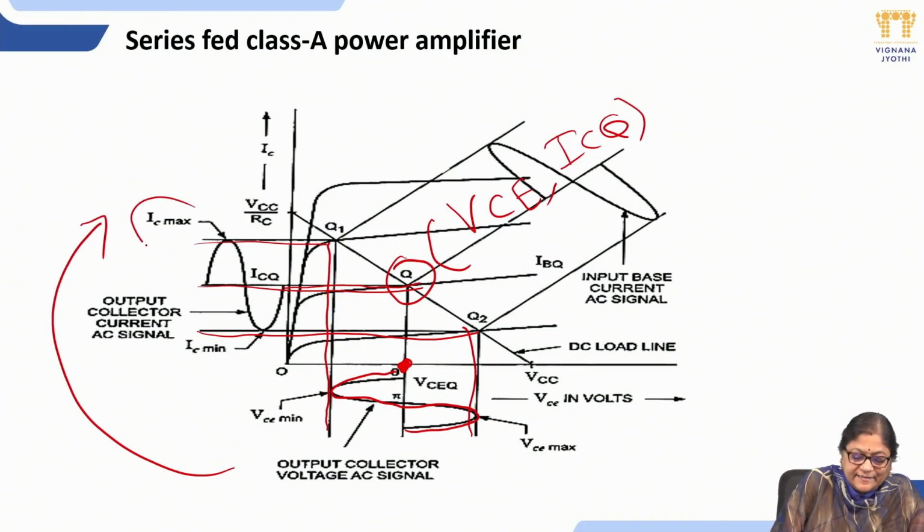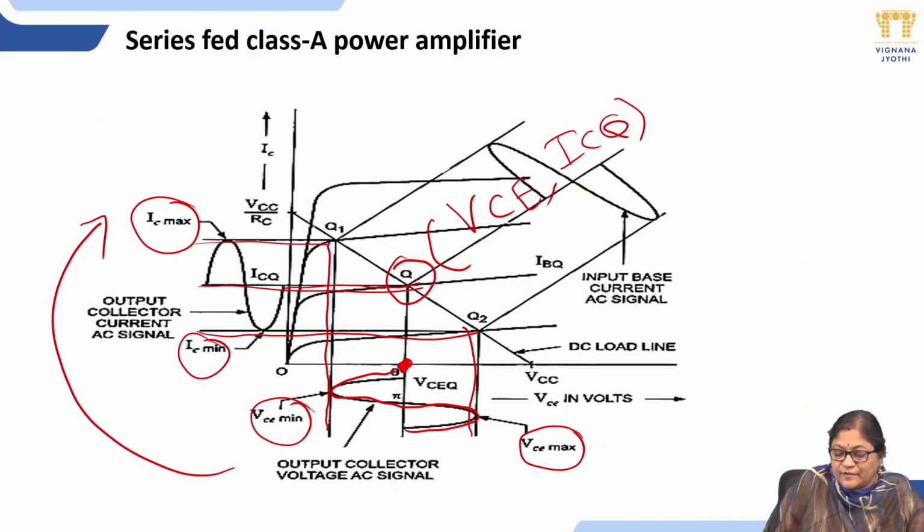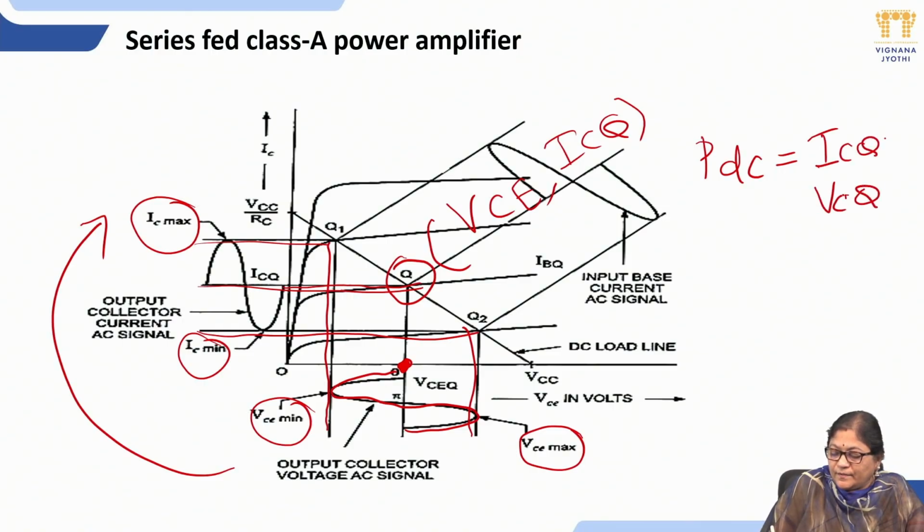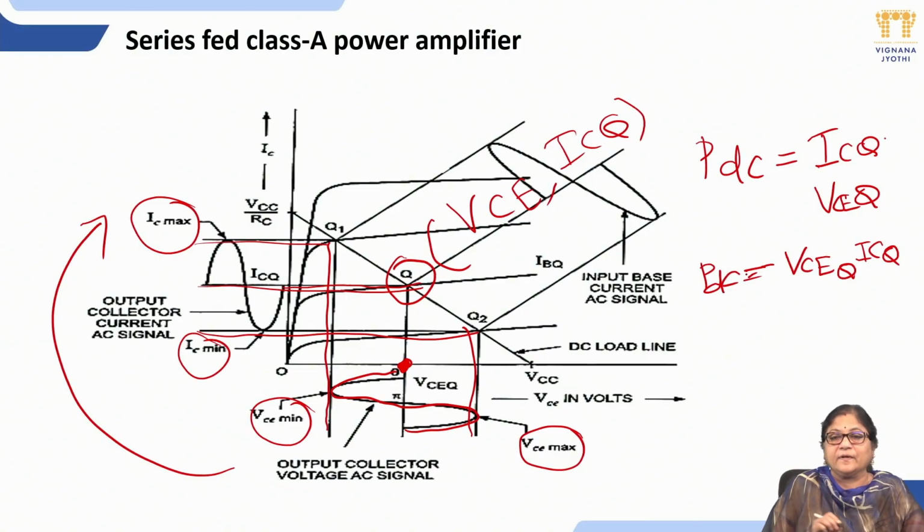It contains IC maximum, IC minimum, VC maximum, VC minimum. From this we have to derive the different parameters. Here I will first write the DC power. PDC is equal to ICQ into VCEQ. At DC level, what is your operating point? VCEQ and ICQ. So VCEQ into ICQ will be your power. There will be no change in this DC power.